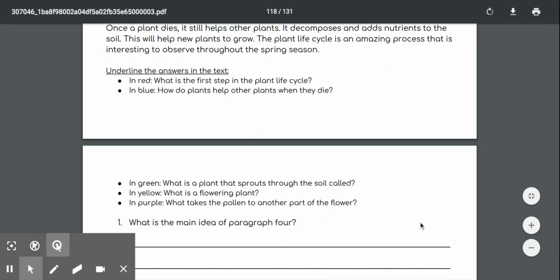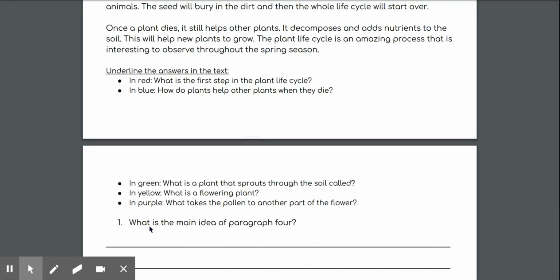The next direction says, in blue, underline the answer to how do plants help other plants when they die? So go back to the text and look for where it tells us. In green, you need to underline, what is a plant that sprouts through the soil called?